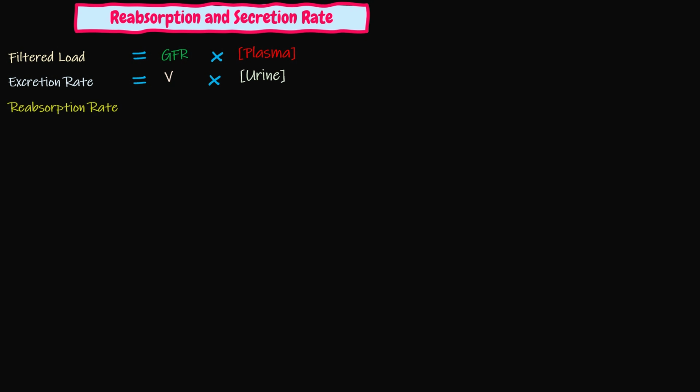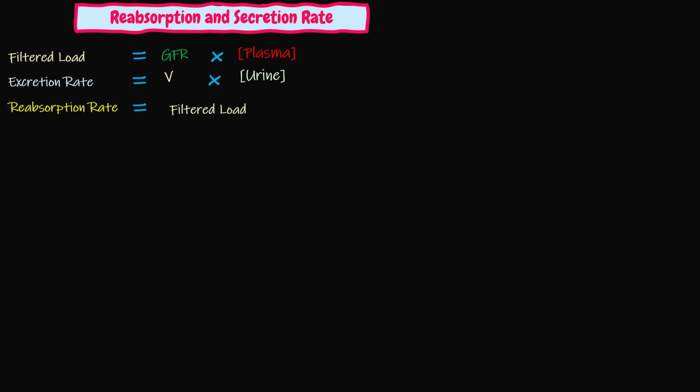Let's move towards the calculation of reabsorption and secretion rate. The reabsorption, or secretion rate, is the difference between the amount filtered across the glomerular capillaries and the amount excreted in urine. Filtered load is equal to glomerular filtration rate into plasma. Excretion rate is equal to volume into urine.